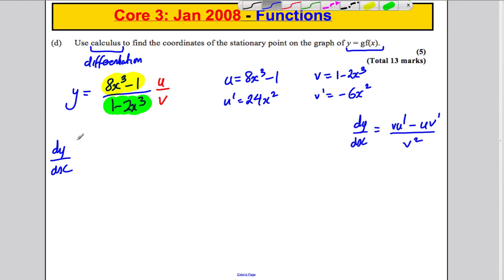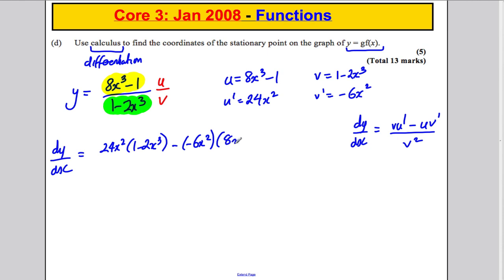So dy by dx is equal to vu dash, so this multiplied by this, so 24x squared (1 minus 2x cubed). Subtract uv dash, that times that, so it would be negative 6x squared (8x cubed subtract 1), all divided by v squared, which is (1 subtract 2x cubed) all squared.